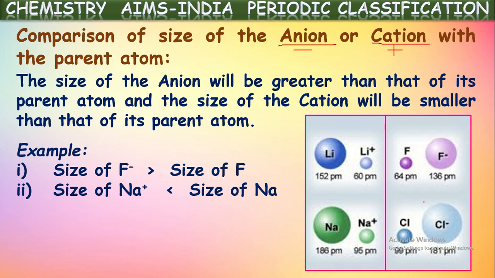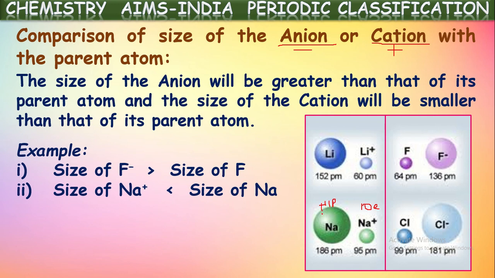Now in case of cations, the size of cation will be smaller than that of its parent atom. Why? Because if you see here sodium ion, how it is formed, we are telling cations are formed by the loss of electrons. So when sodium loses one electron, what happens? Number of electrons is reduced to 10, whereas its nuclear charge is maintained positive at 11.